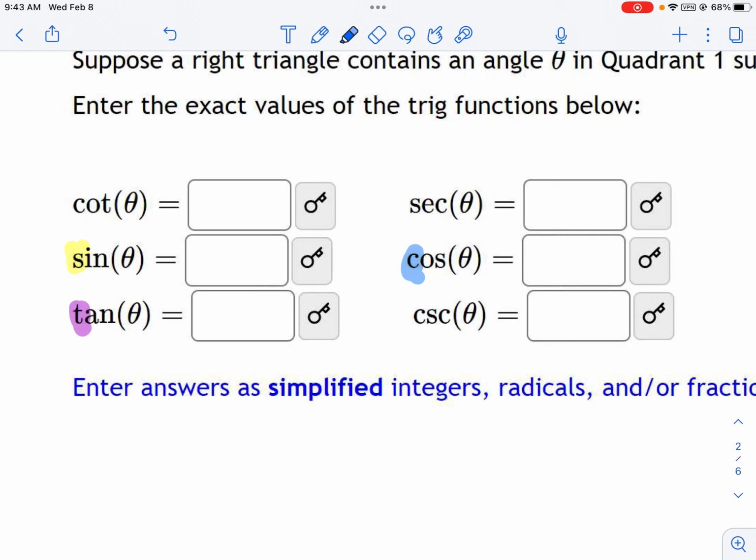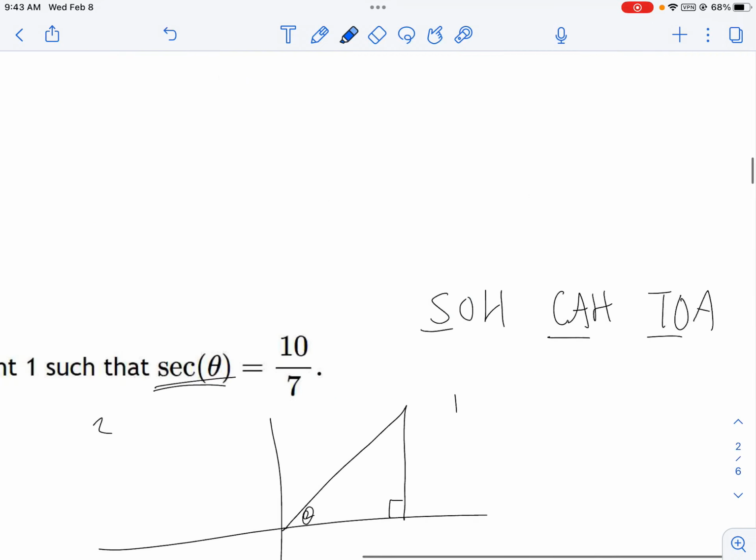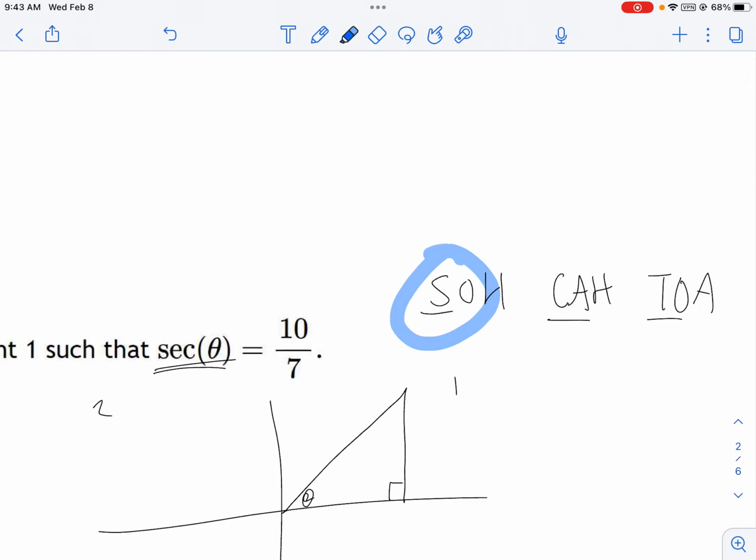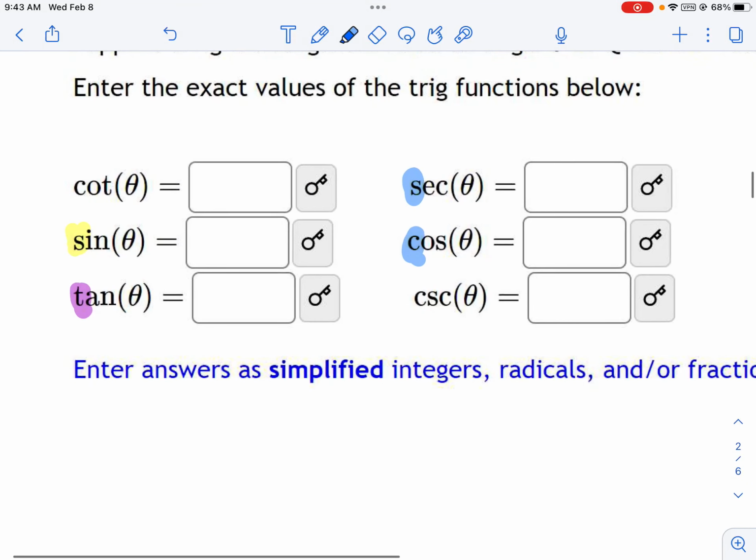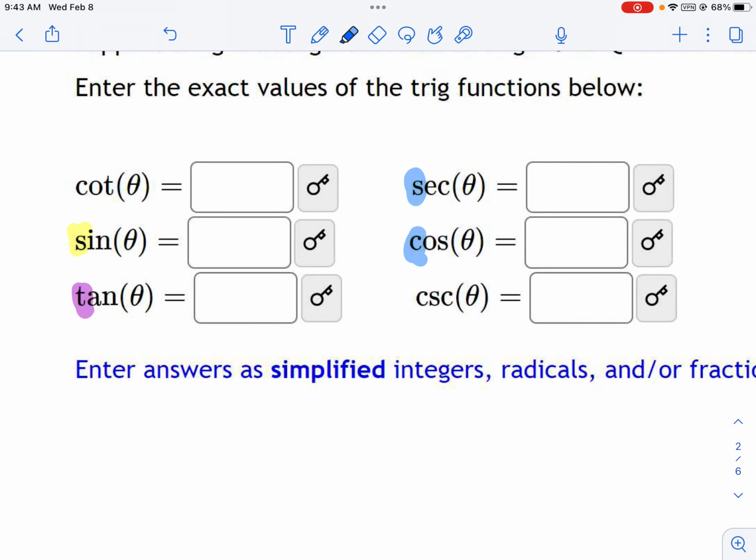So how do we remember this? I remember them as S with a C. Cosine starts with a C, so its reciprocal has to start with an S: secant. Because sine is already one of the main three, the reciprocal of cosine can't be sine. Sine starts with an S, so its reciprocal starts with a C: cosecant.